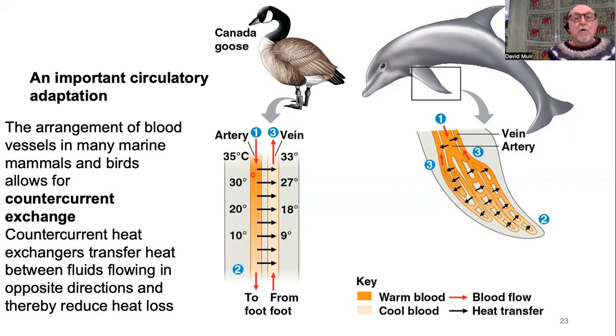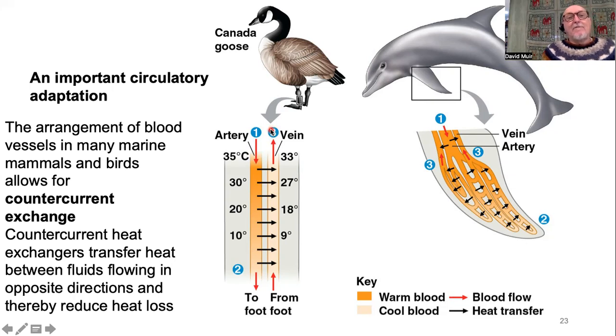And we're going to watch it cool down, cool down, cool down, but it is not losing its heat to the environment. It's transmitting heat to blood which is in the vein, which is moving up like this. So what it is doing is warming the blood. Instead of wasting the heat to the environment, it is warming the blood which is being returned to the body.